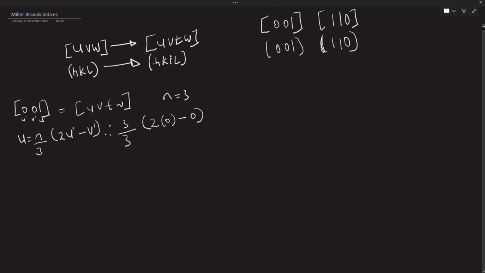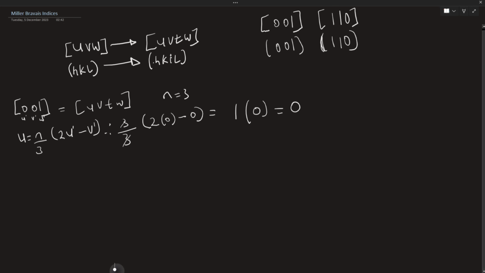Then we'll close our bracket and find our answer. So in this, we have 1, open bracket, 2 times 0 is 0, then minus 0, so we have 0 here, and total of 0 for our u. U is equals to 0, so let's write it out here. We have our u to be 0.